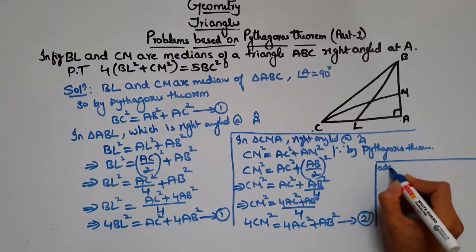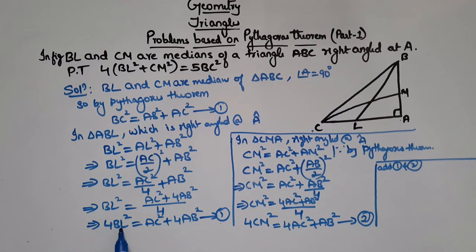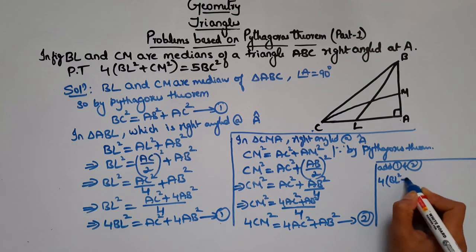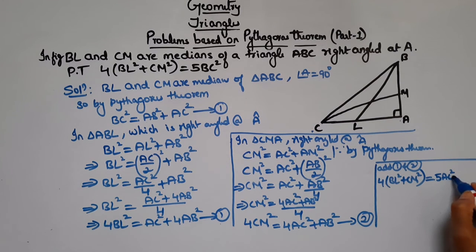Now let's add equation 1 and 2. So 4BL square plus 4CM square, 4 is common. So you can write BL square plus CM square, right? Which is equal to AC square plus 4AC square, that will be 5AC square, plus 4AB square plus 1AB square will be 5AB square, right?